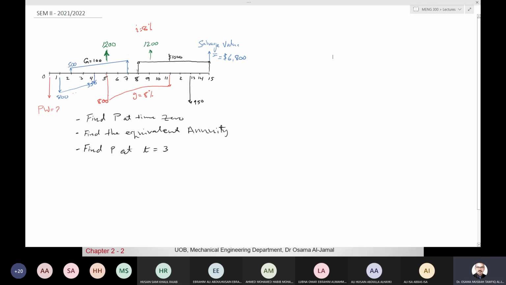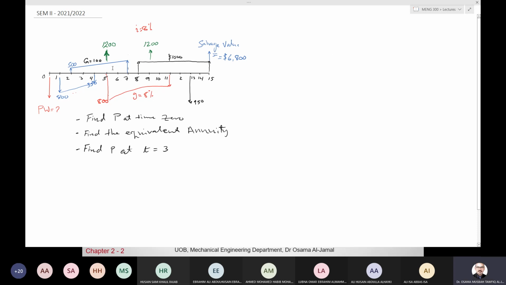See the annuity, to find P given A or F given A for that annuity, which started from year 8 to year 15. We'll see what to do with it. We have another thing, the arithmetic gradient. Notice here it was 500, but it's increasing starting from the first cash flow here in year 2 up to year 7.